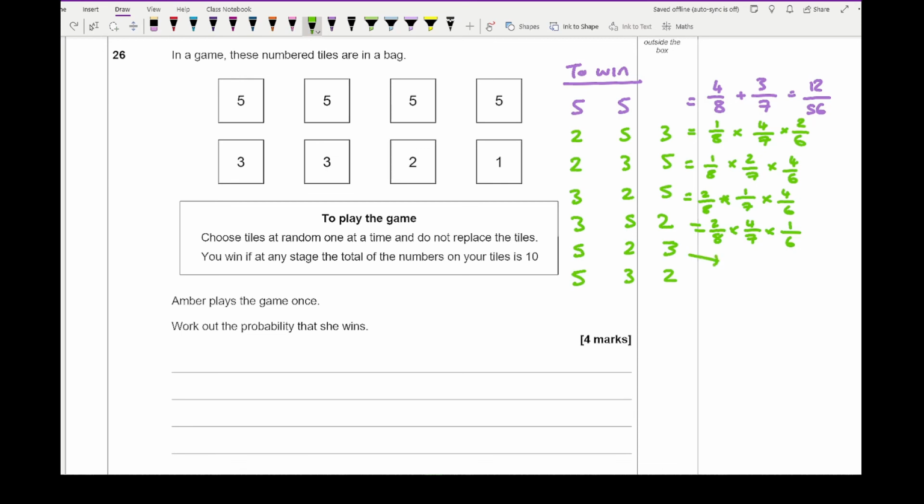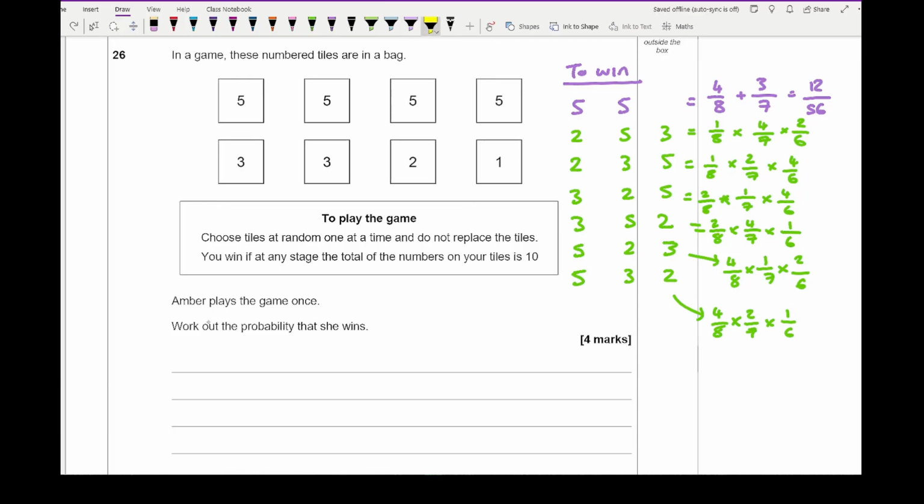This one here, we're going to have 4 over 8 multiplied by 1 over 7 times, not 3 over, it's going to be 2 over 6. And then finally, this one we're going to have 4 over 8 multiplied by 2 over 7 times 1 over 6.